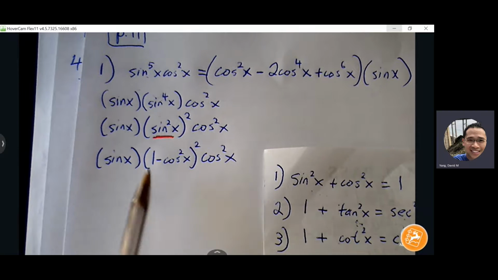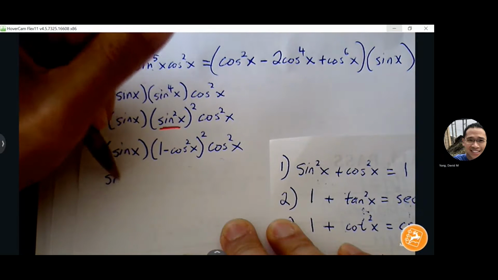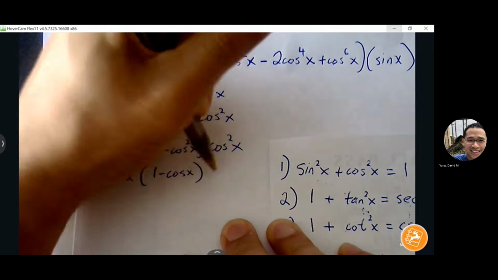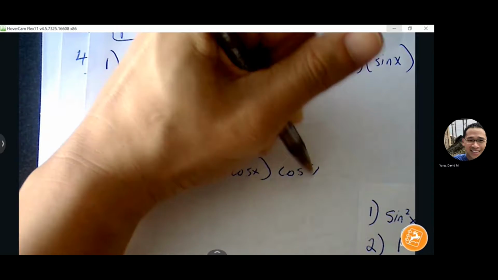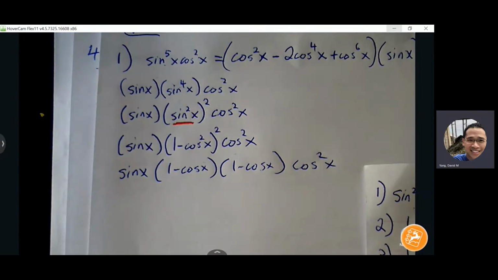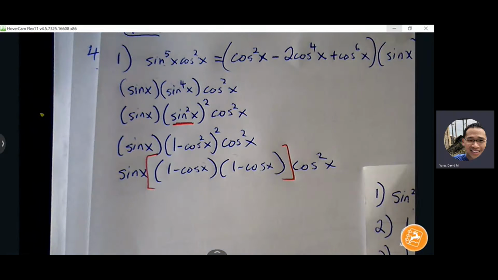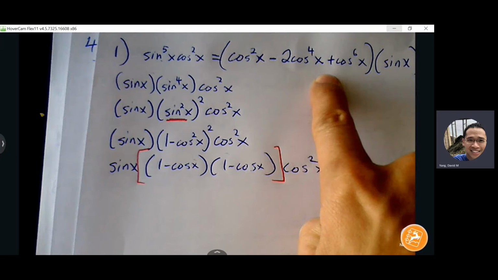So I'm going to FOIL this out and then distribute that cosine squared through. So I'm going to take care of this piece first. And then once I have that adjusted, then I can distribute the cosine squared through, and hopefully that will end up looking like where I want to go.